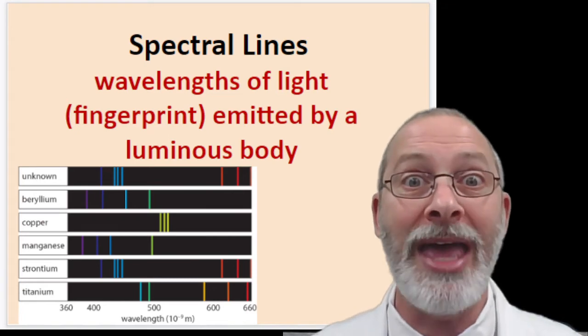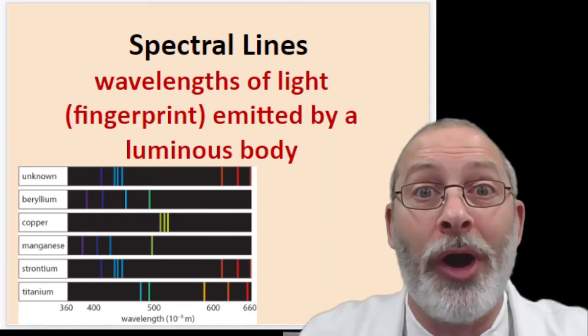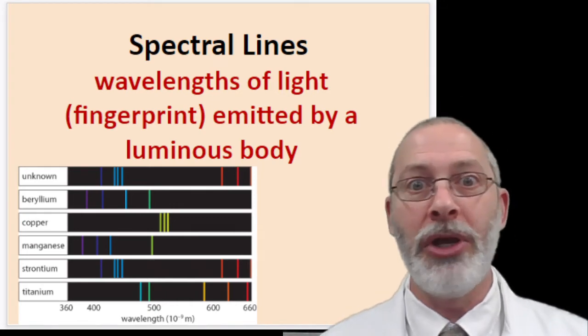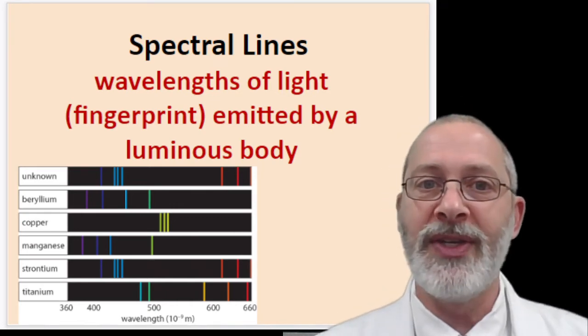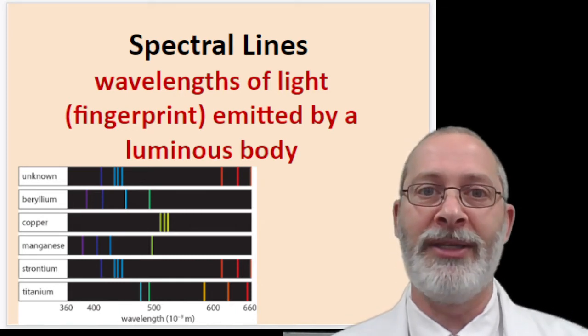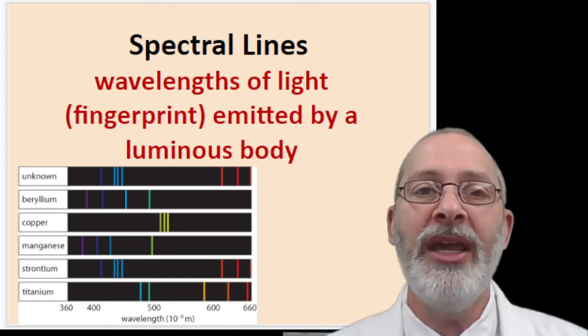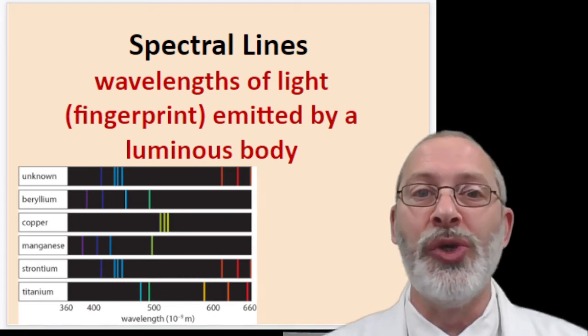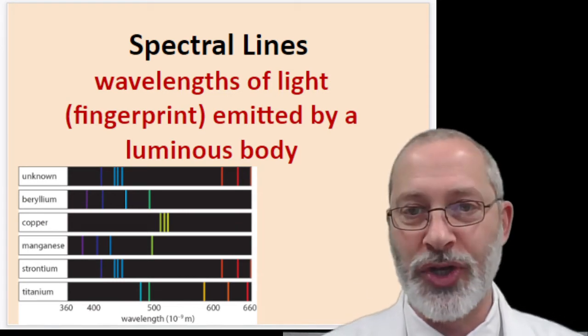Strontium glows red. If you have white fireworks, that's the result of the element magnesium, because magnesium glows white. The point is, every element has a unique fingerprint that we can see using a spectroscope.